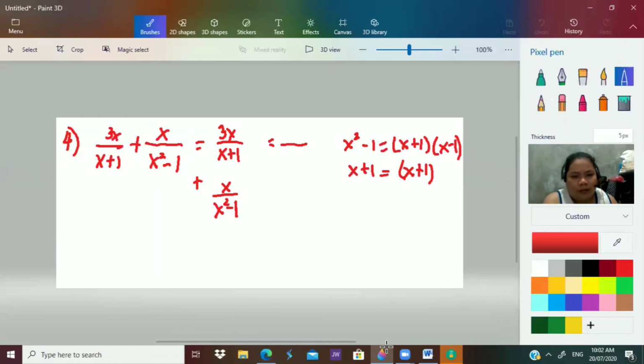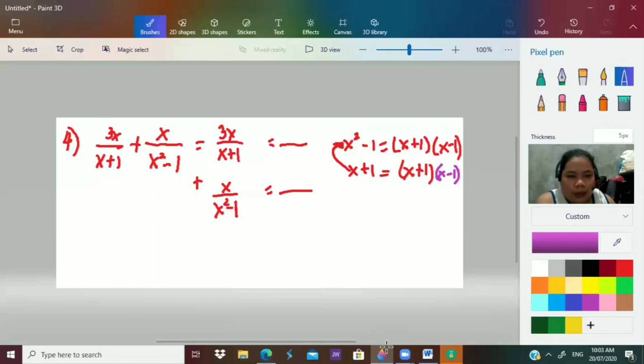Now, kung mapapansin natin, si x plus 1 ay pwede namang maging x squared minus 1. Paano? Pwede siyang maging x squared minus 1 kung bibigyan mo ng multiplier na x minus 1. Okay. E di ibig sabihin, Mam-Gen, si x squared minus 1, wala ka nang gagawin? Absolutely, wala ka nang gagawin.